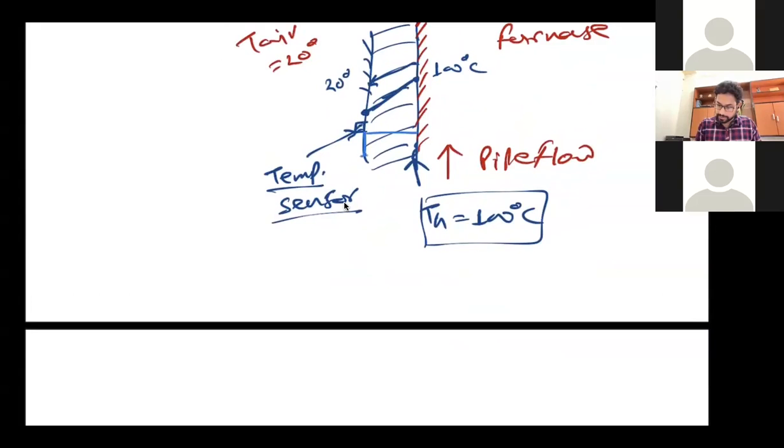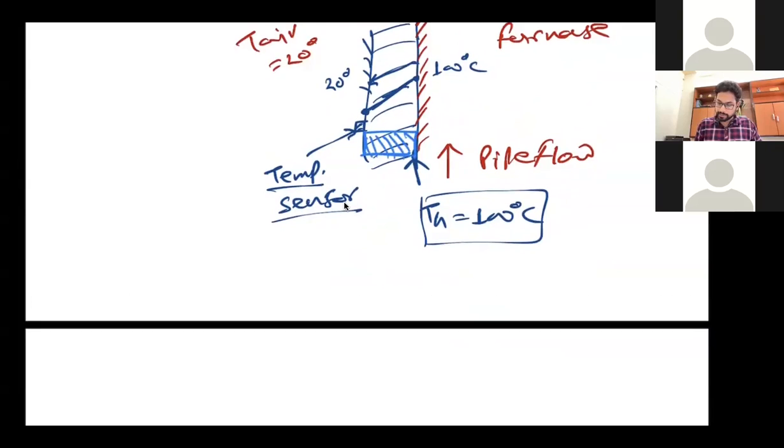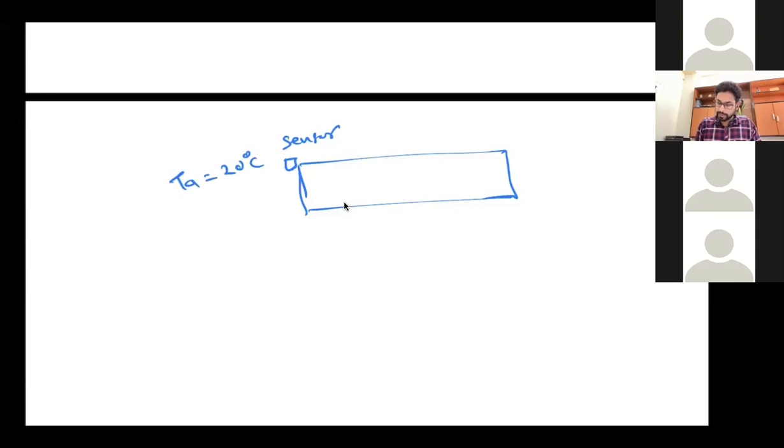To understand that, let's consider only one small portion of it, and we assume that this heat transfer is uniform. So we'll just consider a one-dimensional problem. That small element, we now stretch it, so it looks something like this. Somewhere outside here you want to add a sensor, and the air temperature is 20 degrees Celsius, and at time t equal to 0, the temperature on this side was also 20 degrees Celsius.